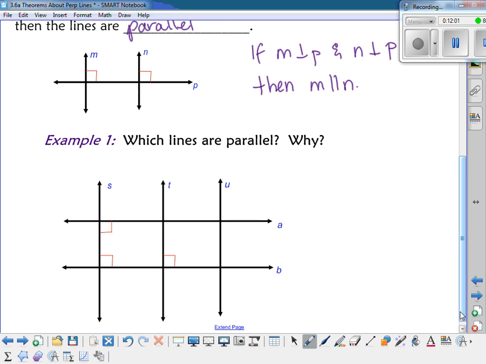All right, so looking at this figure, let's see if we can figure out which lines are parallel. Pause the video for a moment, see if you can figure this one out on your own.